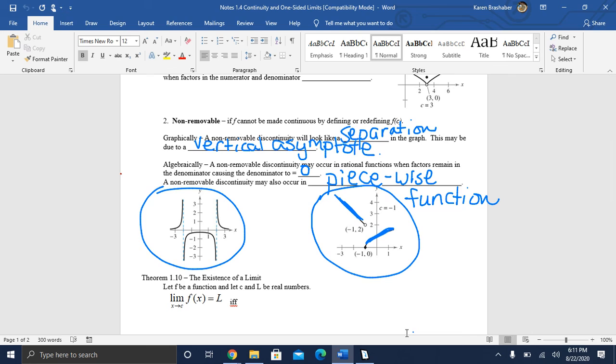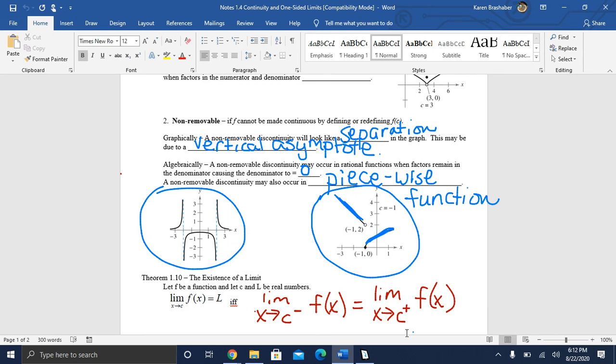And that is: the limit as x approaches c of f of x equals L, it equals a certain number, if and only if the limit as x approaches c from the left, remember I use a little negative sign to state that, of f of x equals the limit as x approaches c from the right of f of x.